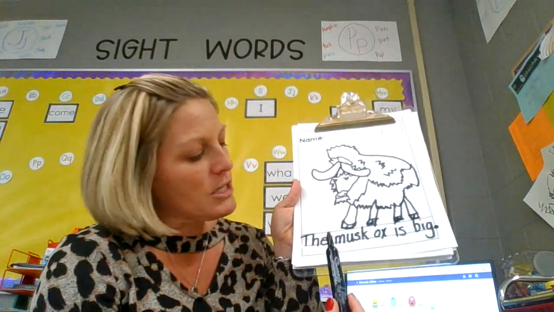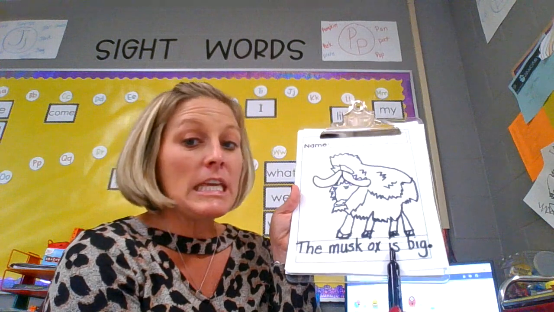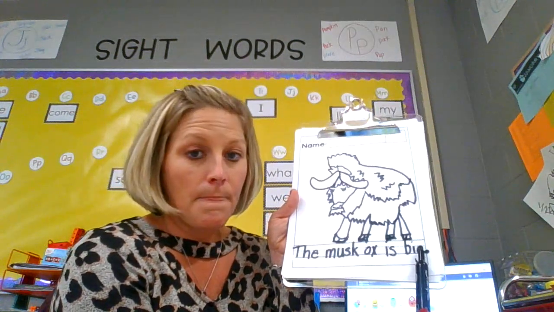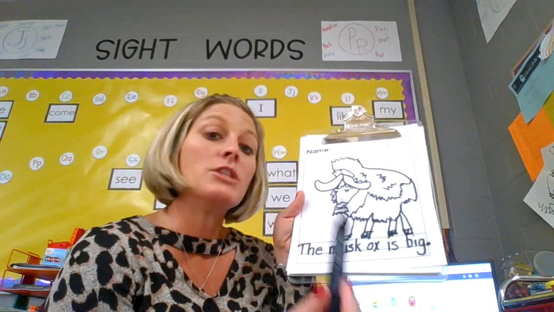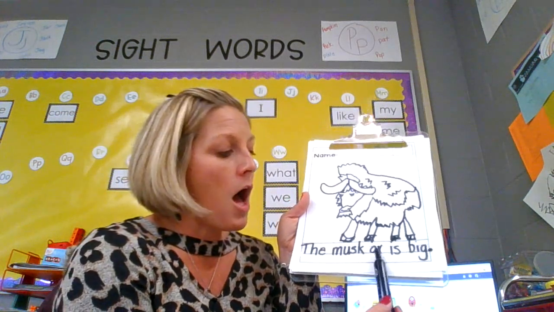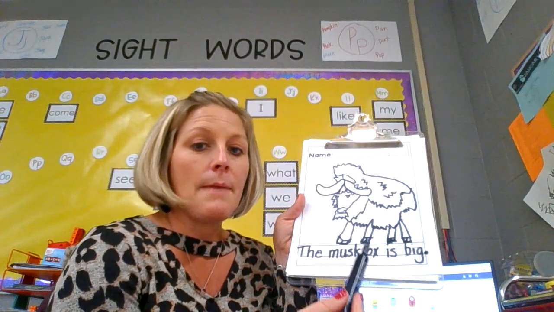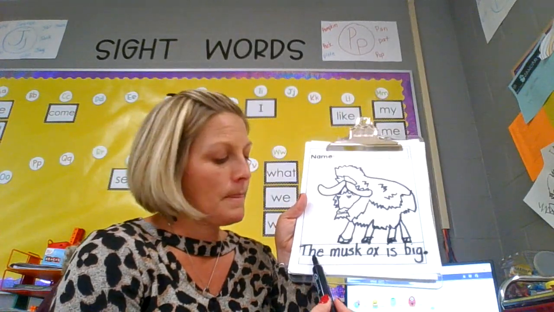All right, so let's look at our sentence. The musk ox is big. Okay, you help me read and point to the words as you're reading. Ready? The musk ox is big. Okay, one more time. You read it by yourself.